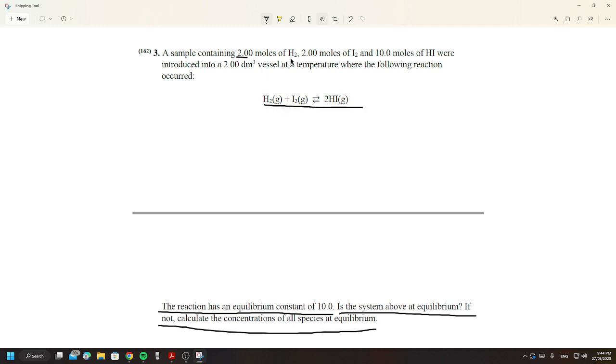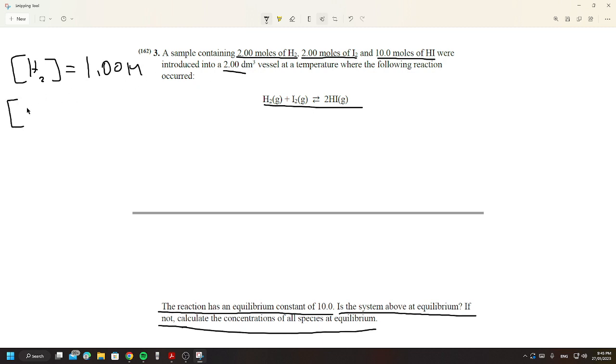They give us moles for each reactant and the product, and they give us volume. So, concentration of H2 is equal to 2 moles divided by 2 decimeters cubed, or 2 liters, same unit, same thing. So 1.00 molar.